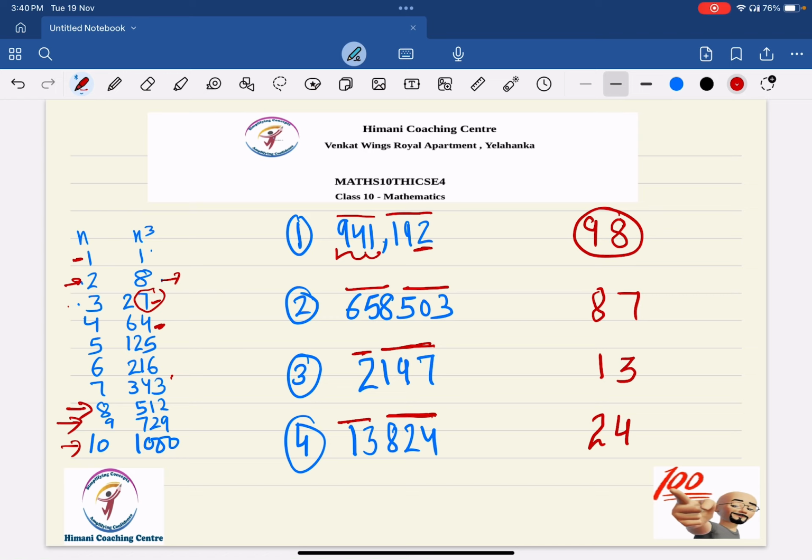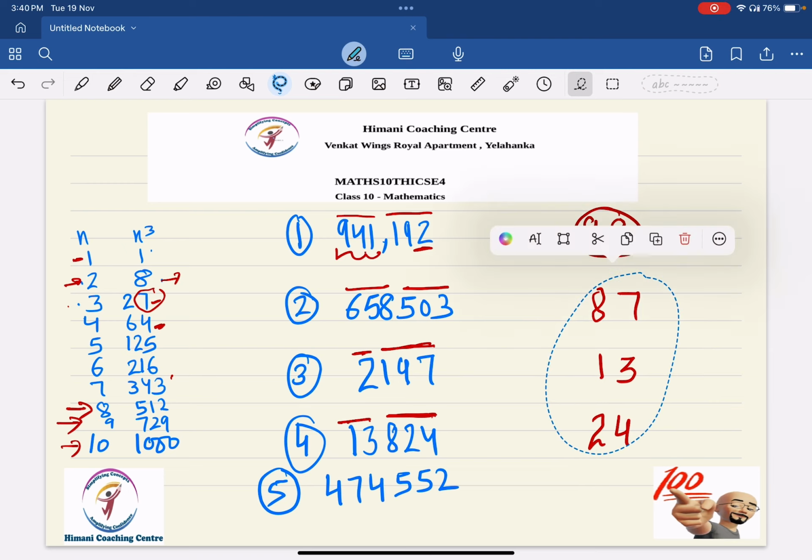I hope you guys are enjoying it. This is a very simple method, and I am now writing 2, 3 questions for you to solve. So I would want you to give the answer for 474552. That's one. It is always good to practice because practice will make you gain confidence.